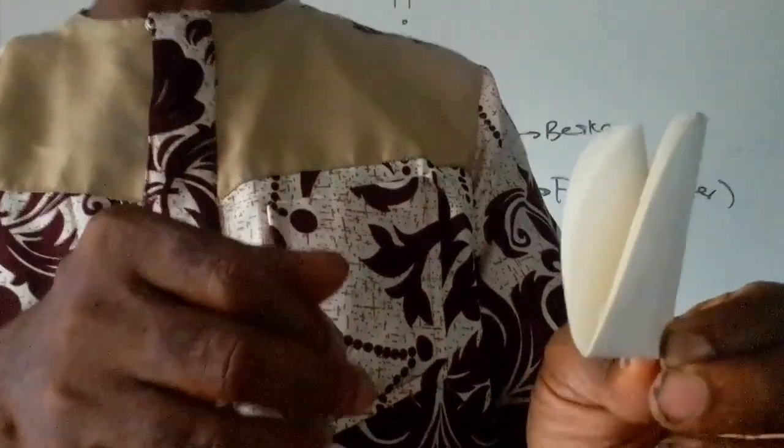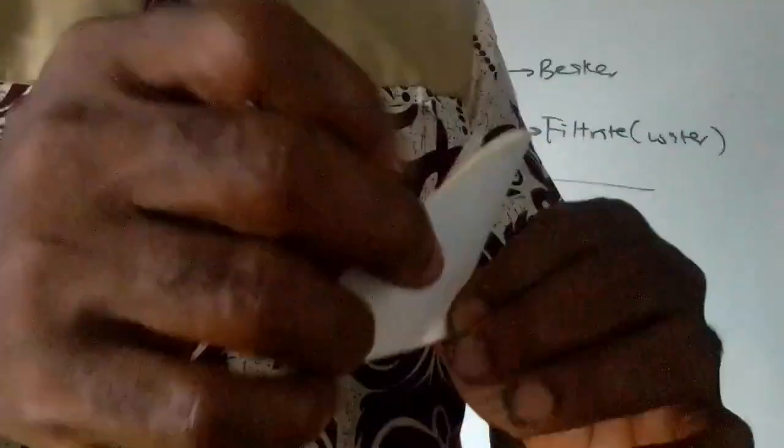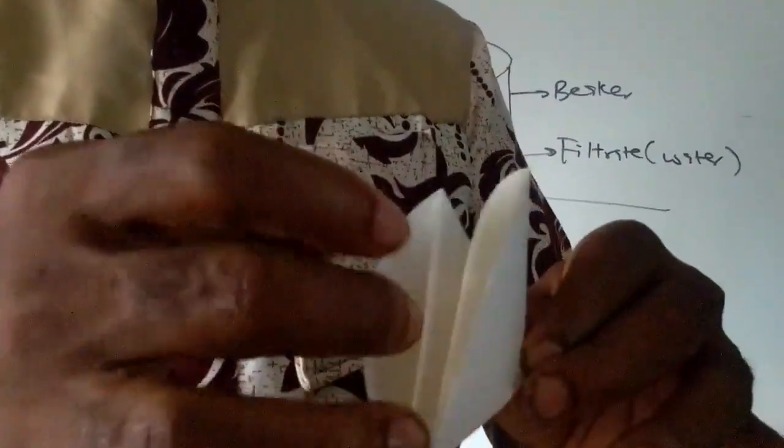Hold it at the tip of the cone. You can open this end or you can open the other end. So open one and close one. You now have a funnel-shaped structure. Then fix it into the filter funnel. Let it lap on the funnel.